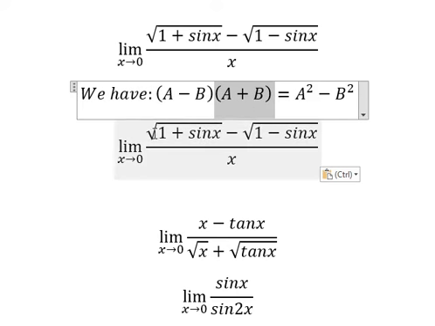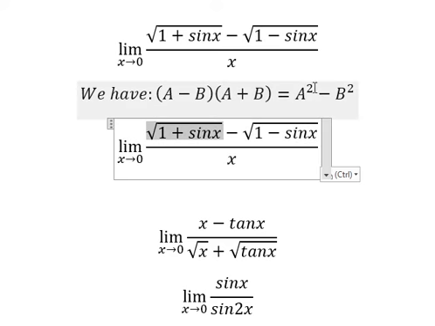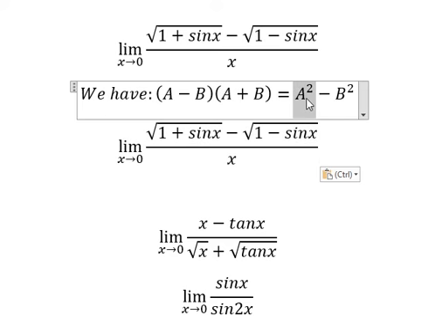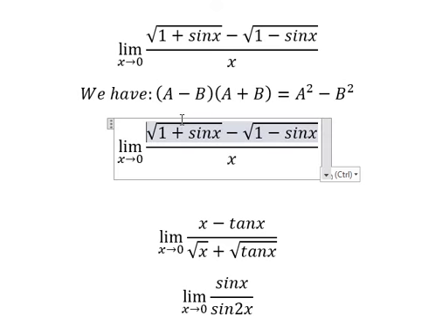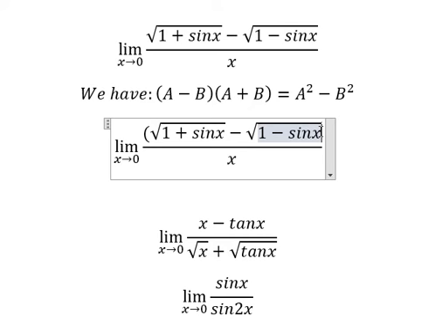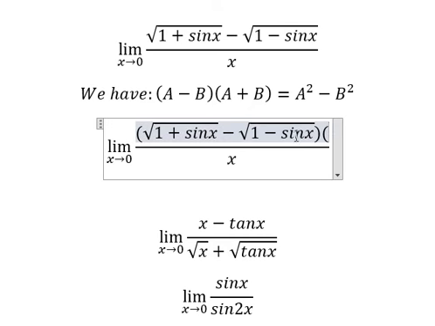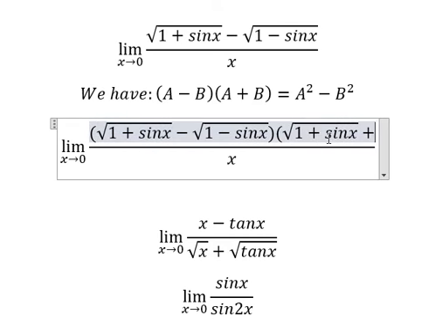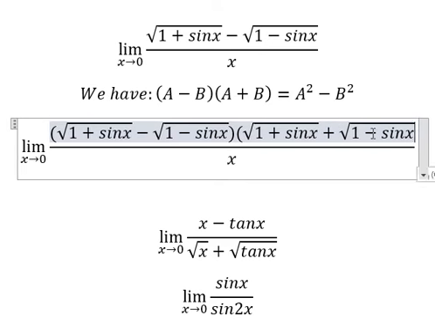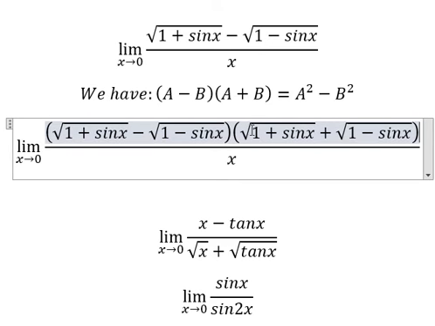Because I want to cancel the square root, that's why we need to have the power 2 in here. So we need to multiply on numerator and denominator.